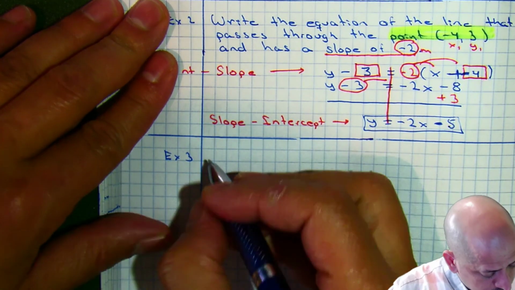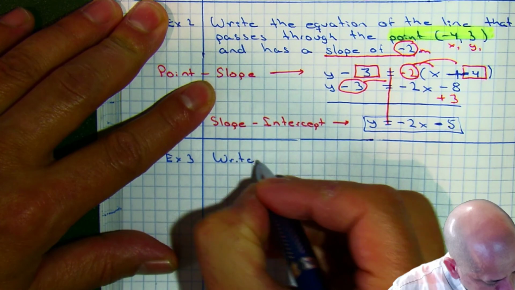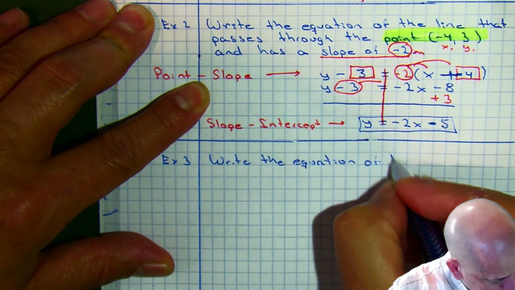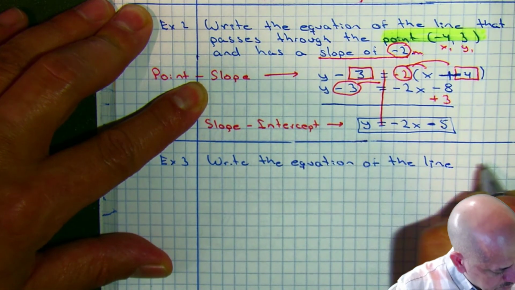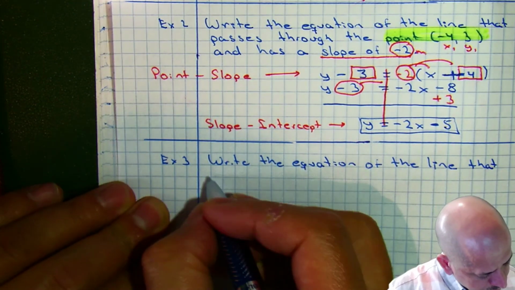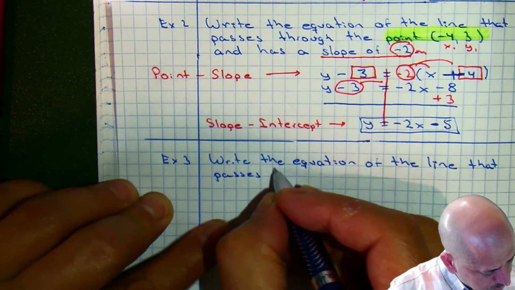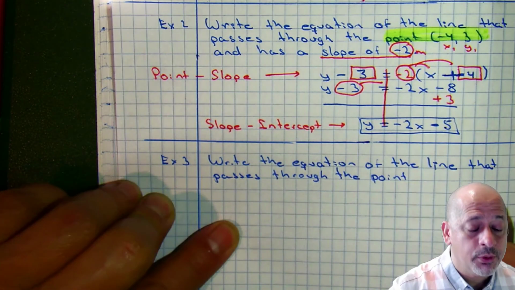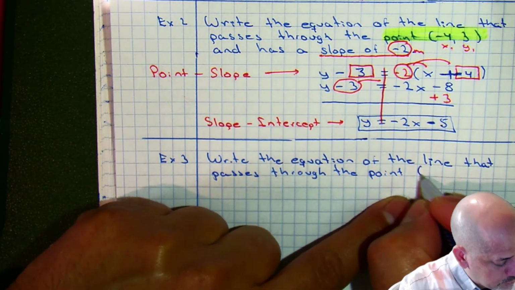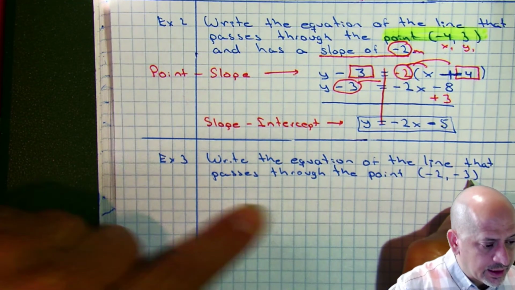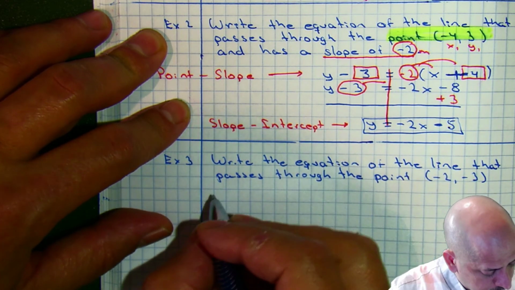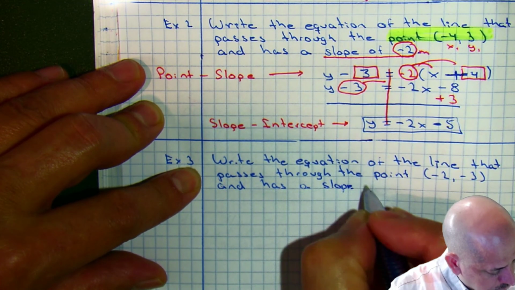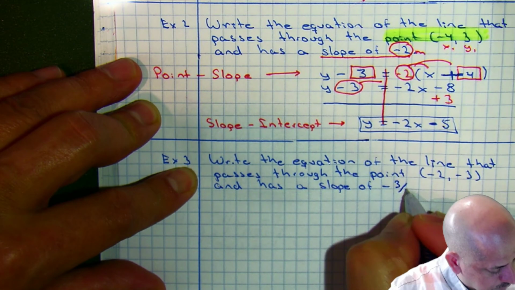Write the equation of the line that passes through the point, and the point that they give us in this case is -2, -3, and has a slope of -3/2.